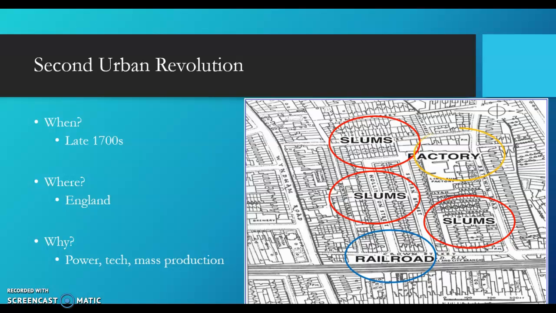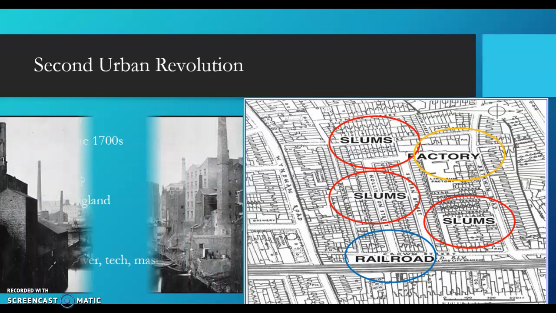And again, no longer did we have the guild or the market or the temenos. Now we had the factory. These spatial attributes transformed our cities. The introduction of power, mass production, transformed our cities, economically and socially.